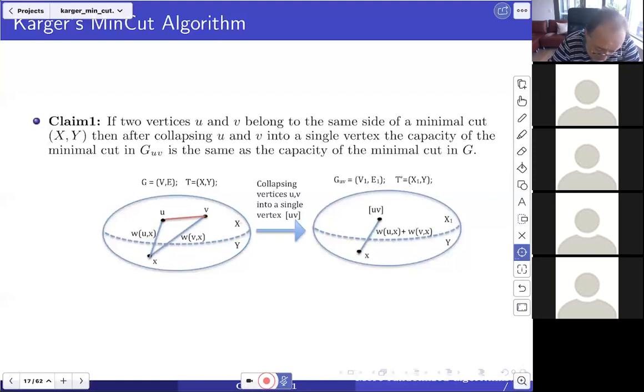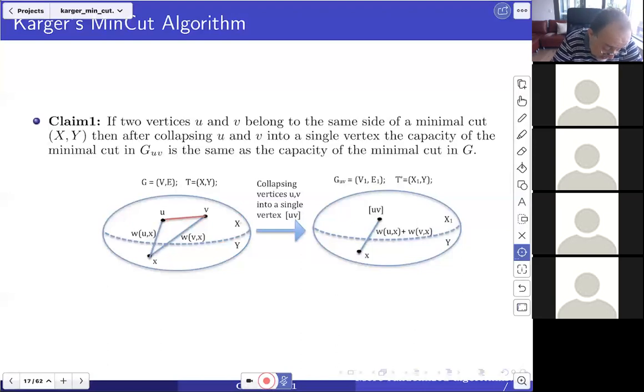Why is this so? Well, the capacity of the min cut can change only if the edges that cross the cut change. Because U and V are on the same side of the cut, the loss of the edge UV does not change the capacity of the min cut.